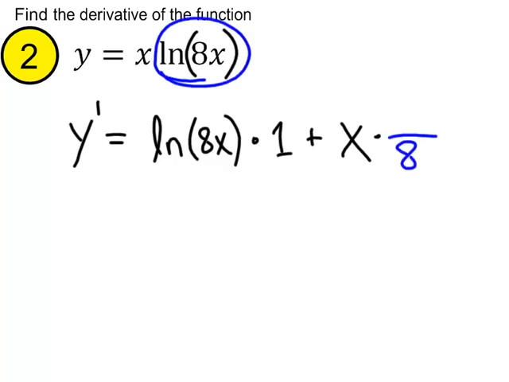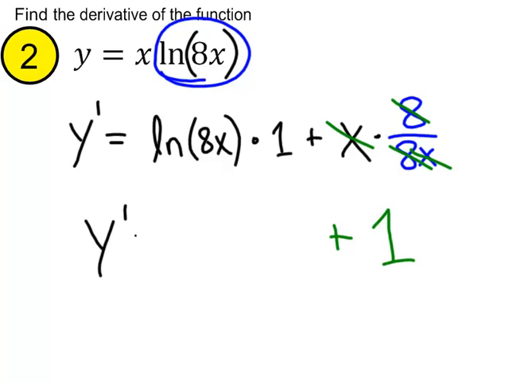So we'll put the u on the bottom, where u is the 8x, and the derivative of 8x will go up top. And the derivative of 8x is simply 8, right? So we notice that here the x and the x divide out, and also the 8 and the 8 divide out, and we're just going to be left with a plus 1. So our derivative is ln 8x plus 1.